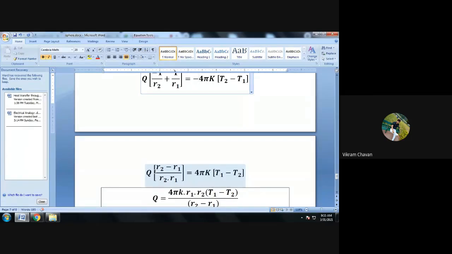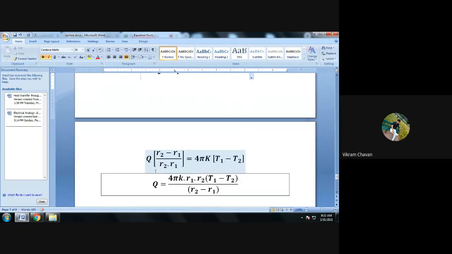Now we require the equation in the form of heat transfer. Just rearrange the terms in the form of q, and we'll get the heat transfer equation for the sphere. We have transferred this particular bracket to the other side so that the equation is converted into the form of heat transfer. So q as heat transfer will be equal to 4 pi k multiplied by r1 multiplied by r2 inside bracket t1 minus t2 whole divided by r2 minus r1.